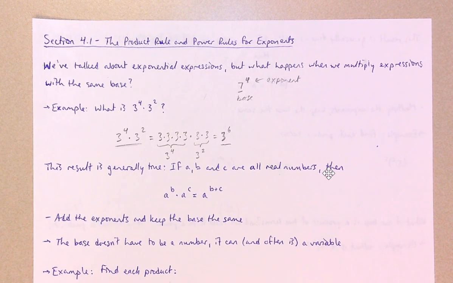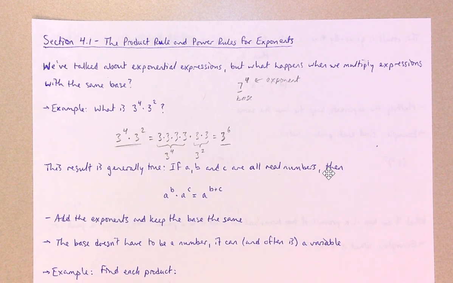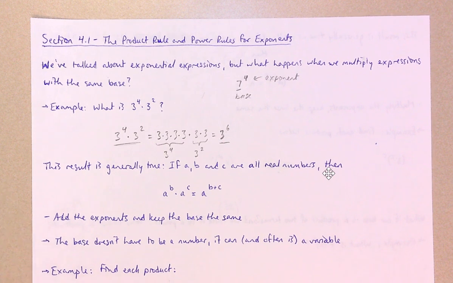If you have real numbers a, b, and c, then a to the power of b times a to the power of c is equal to a raised to the power b plus c. So when you're multiplying exponential expressions where the bases are the same, and I stress that the bases have to be the same, then you take the same base and you just add those powers. And that is what you have.